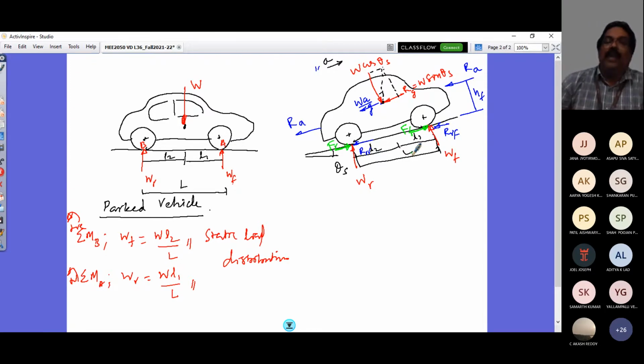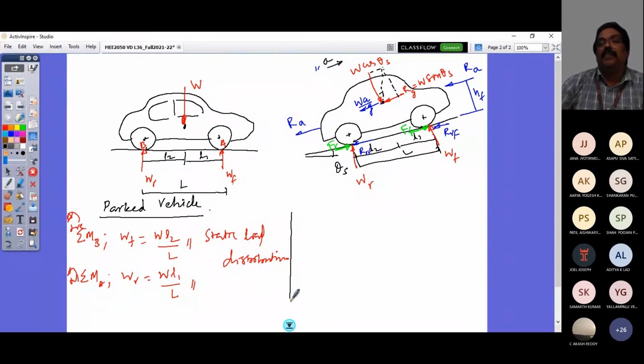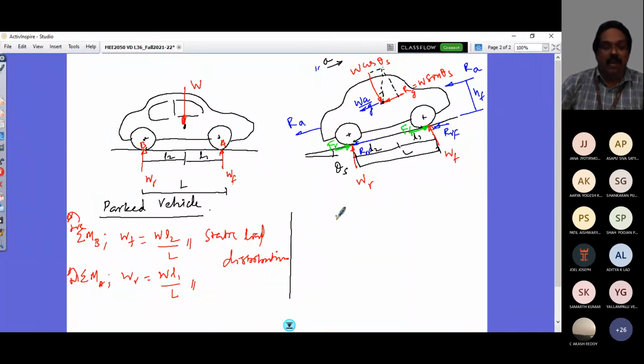If I do that, then immediately I can generate my governing equation. What is my governing equation here? All the forces in my forward direction plus an inertia vector or D'Alembert's force is equal to 0. Let's call this direction X and this Z direction.